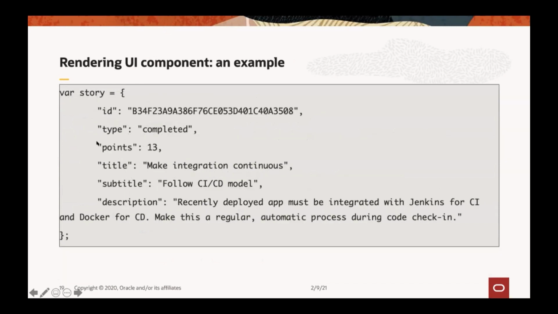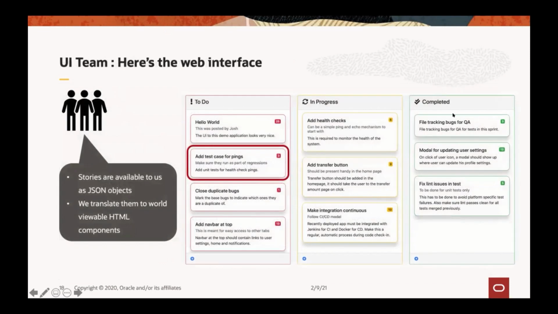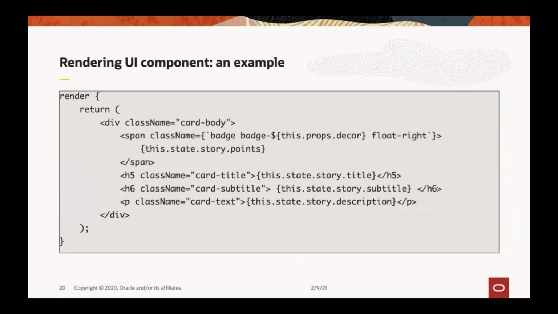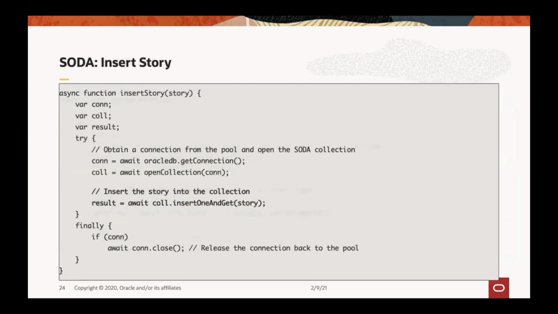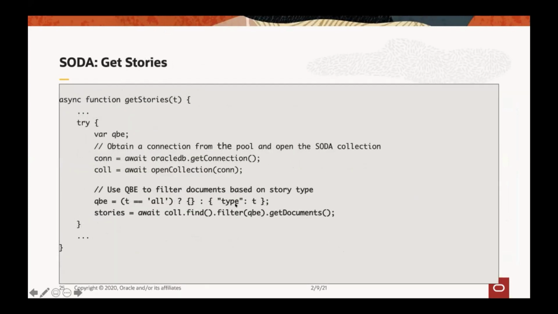For this story, it's under the completed category, which falls under the third column in the UI. So I want to fetch all the user stories that are marked complete, right? For that, I use this QBE, and I say, fetch me all the documents that are of this particular type. The type is passed in as an argument to this function, and the QBE is this JSON document with this type.